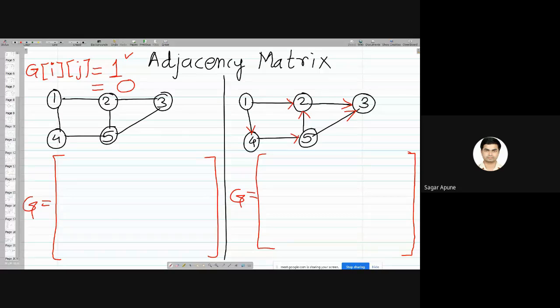How many rows, how many columns? 5 rows, 5 columns. So my column names are my vertices, 1, 2, 3, 4, 5. My row numbers are my vertex numbers 1, 2, 3, 4, 5.